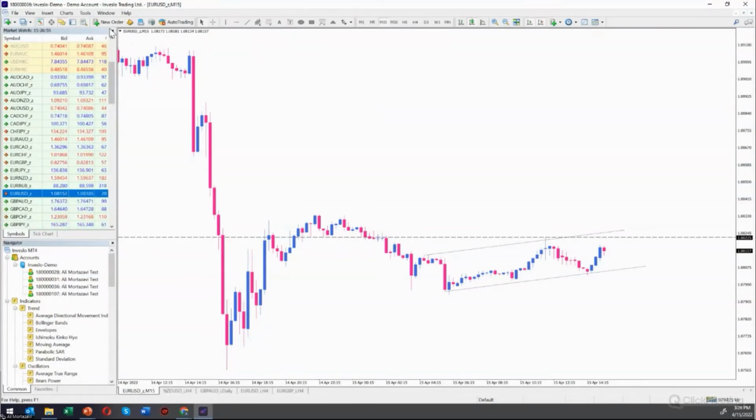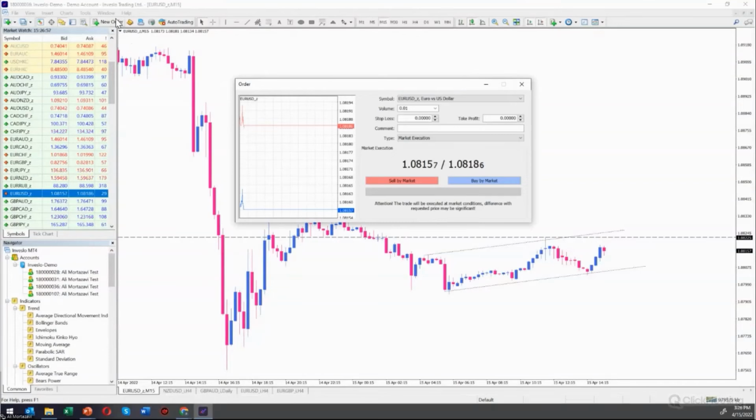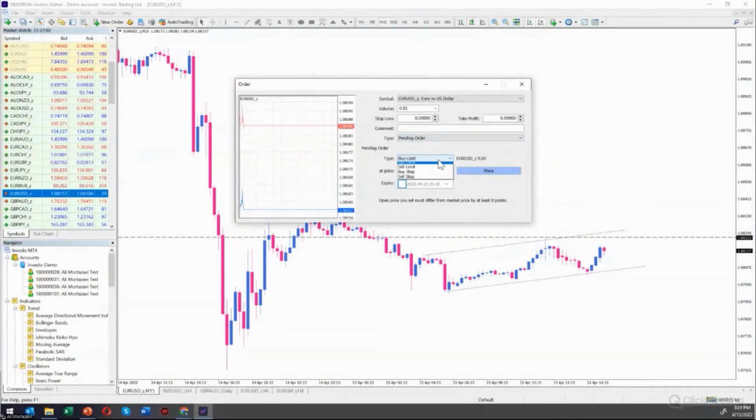Okay, for example, if I wanted to do that, I would go through the new order and choose a pending order, and here you have the option to choose between limit orders and stop orders. And now we think the most probable scenario will be the bullish scenario, just as an example.